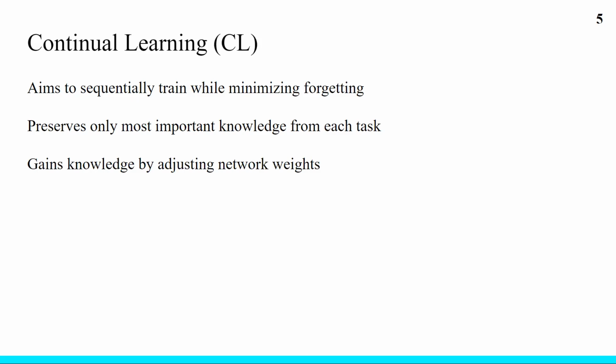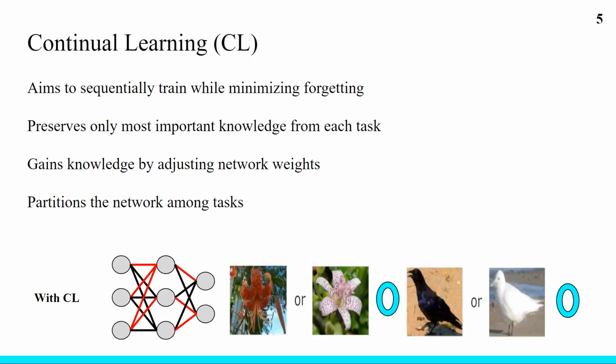Additionally, other than just freezing or preserving certain weights for future tasks, you also want to be able to keep learning new information as you encounter new tasks. Effectively, what this ends up doing over a set of tasks is it will partition the network such that different subsets of the weights within the network are frozen or preserved because they were useful for different tasks that have been learned.